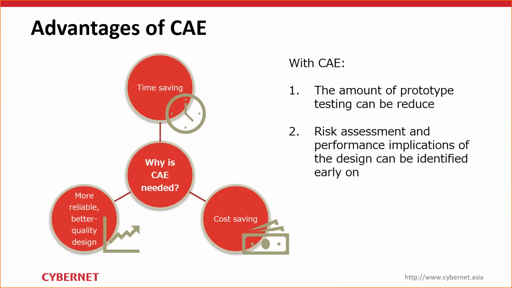Like I mentioned previously, computer simulation technology enables virtual experiments or virtual prototyping to be done on your computer. This will ultimately save the deployment time of a product, and therefore save the overall cost and ultimately produce a more reliable and better quality product.